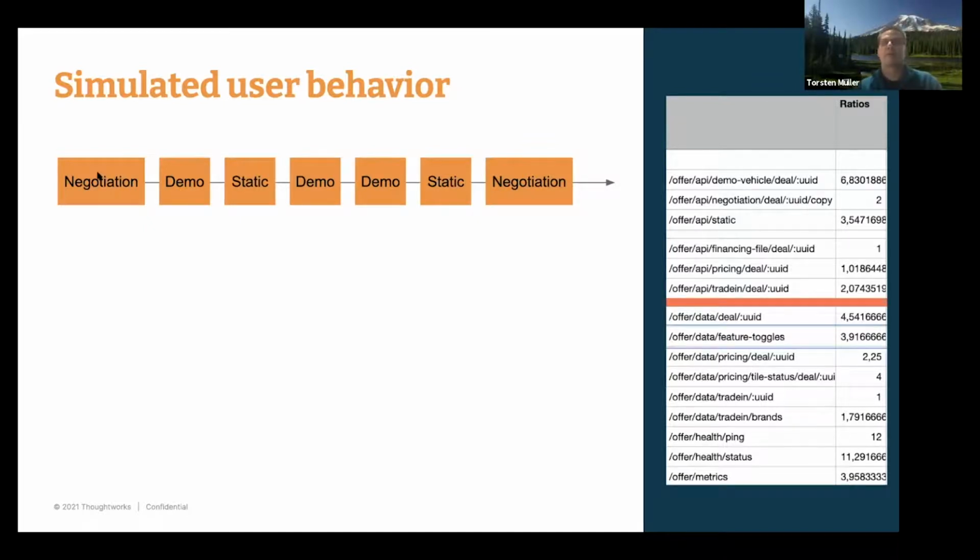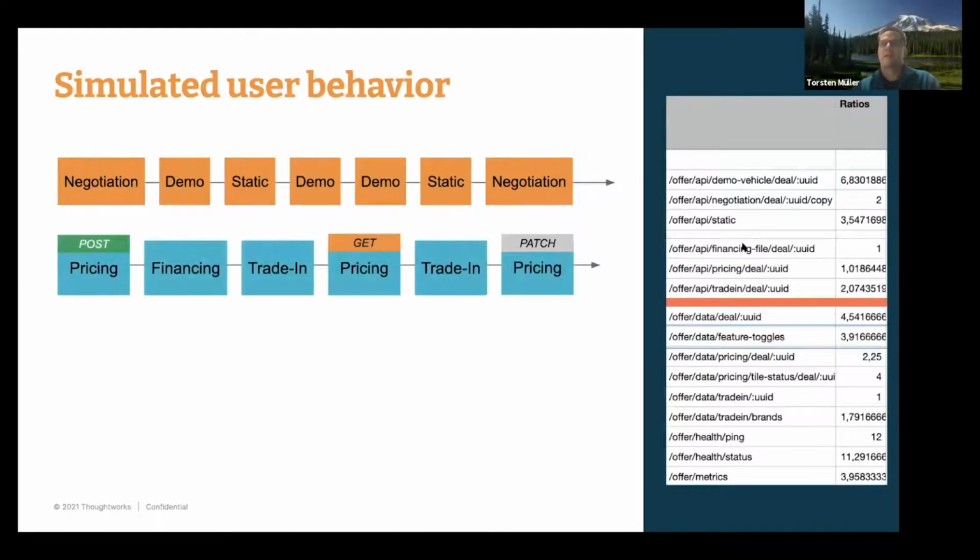So we have our negotiation, and somebody does a demo, looks at some static information, goes back to the demo, maybe to another demo, and so forth. And here, this is probably the most intuitive to see that somebody does something, they post a request, let's say for pricing. And then maybe it's a big thing, like they're buying, I don't know, an RV, and they want to see about options for financing.